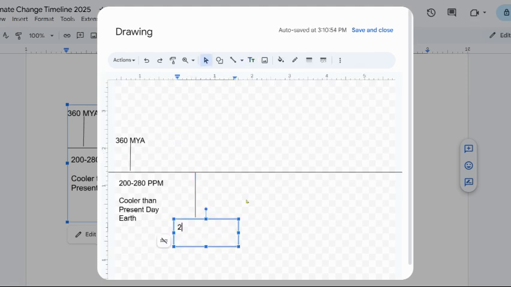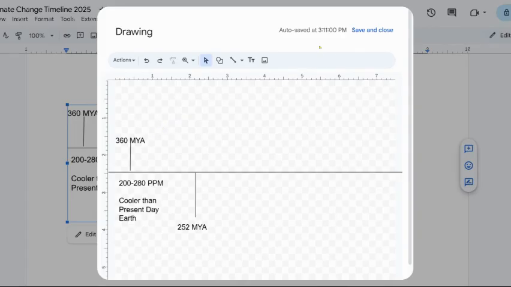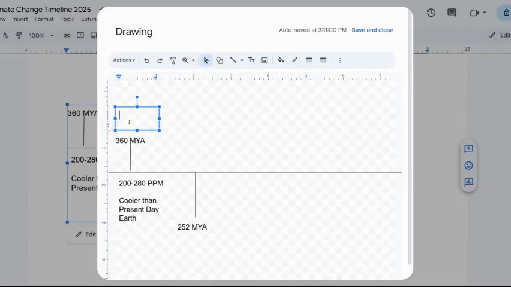That's just my personal preference. 252 MYA. And then, oh, I forgot to write on the first one that it was the Carboniferous period.